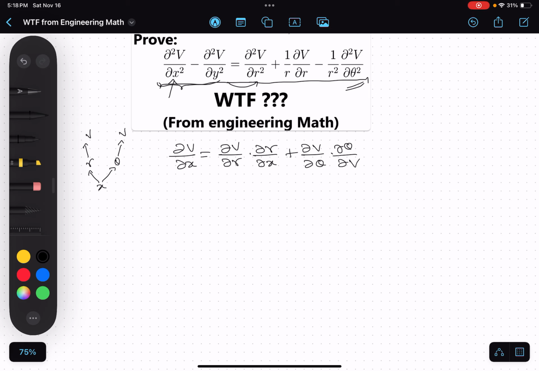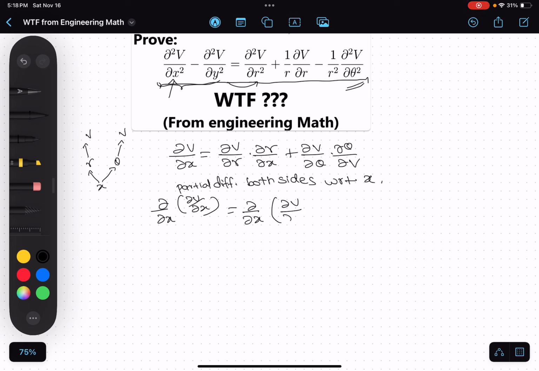Now we again want to differentiate both sides with respect to x. Partial differentiate, not diff, partial differentiate both sides with respect to x. If I do it to this side, partial x of partial b by partial x, this will not be too hard. This is just partial square b by partial x square, just a notational thing.